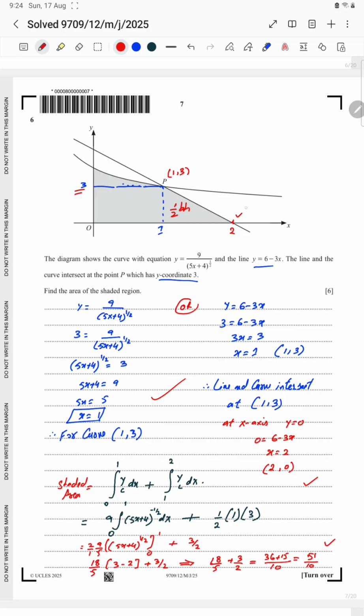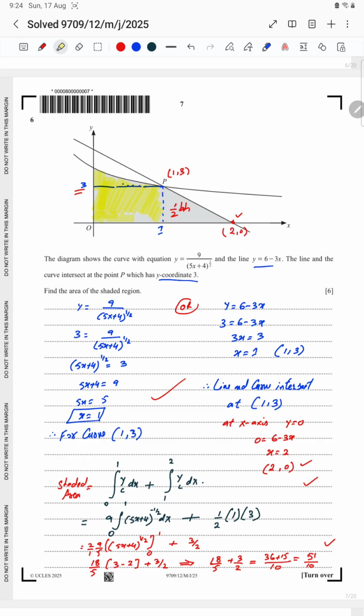So I want to find this coordinate as well. We know this point is lying on the x-axis, so y is 0. So we can see it's 2, 0. Now we are interested to find the shaded area. If you talk about the curve, this whole shaded portion, from the range 0 to 1, this is for the curve.